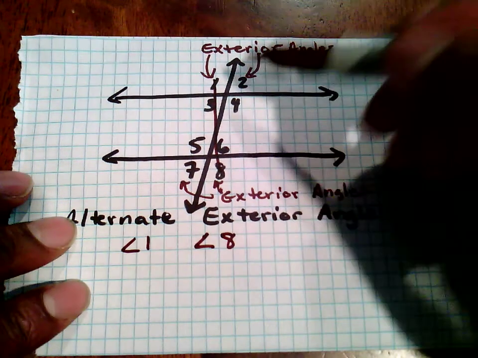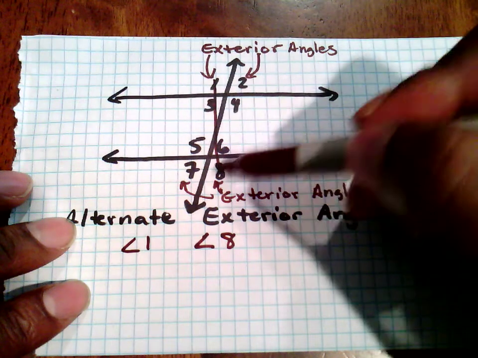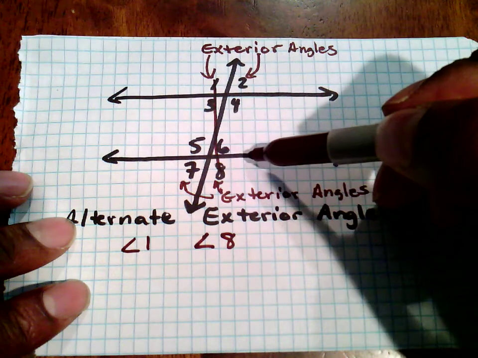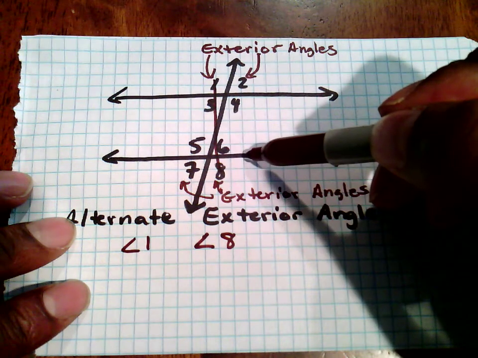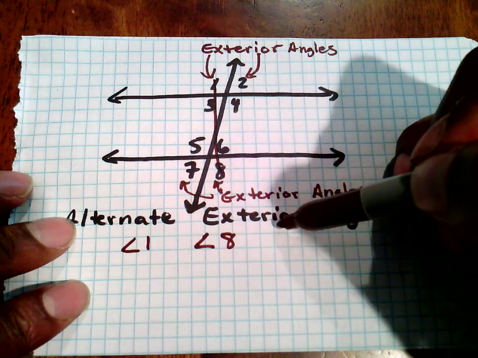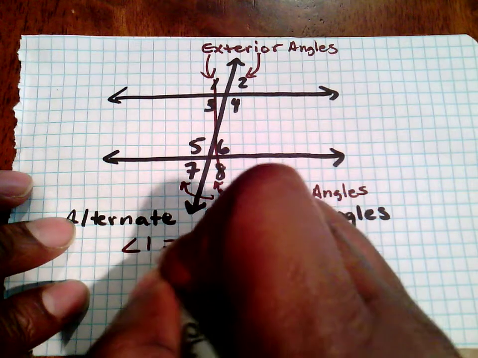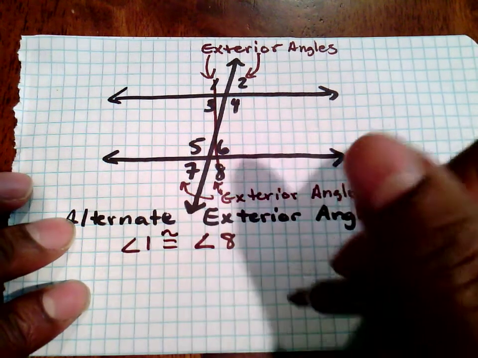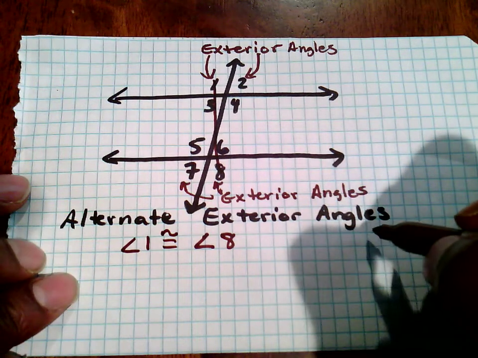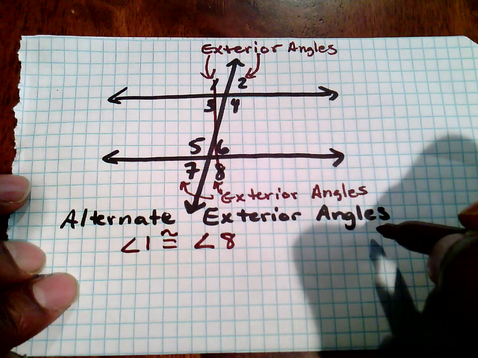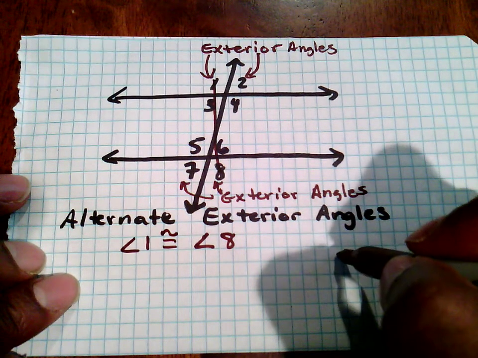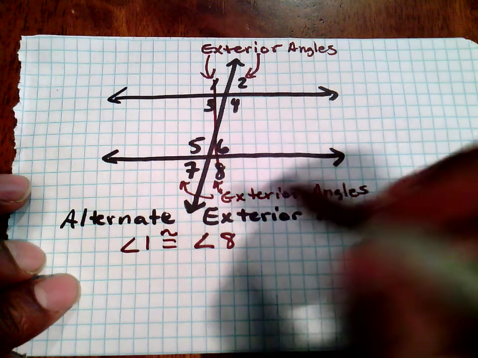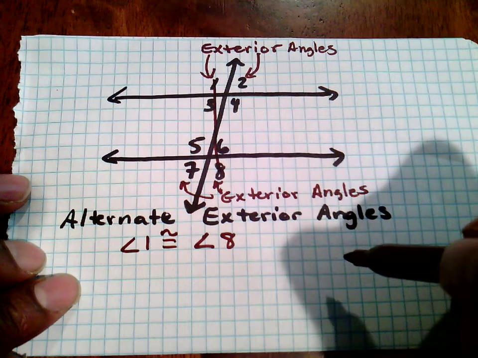And you pay attention to their openings here, that the openings are very much identical. And so angle 1 is also congruent to angle 8. So that means alternate exterior angles also produce congruent angles, or angles with the same measure.